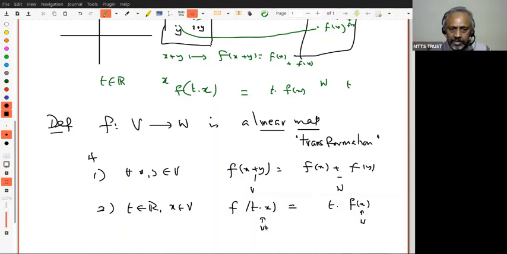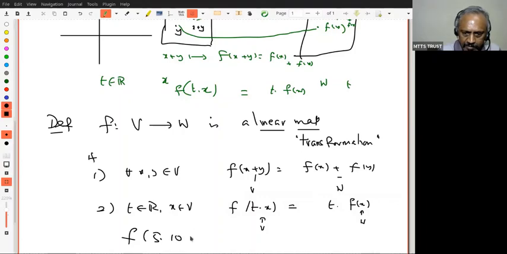Here, 5 times 10 will be 50. Therefore, f of 50. Are you following? f of 5 times 10 should be equal to 5 times f of 10. f of 10 is 800. Therefore, 5 times that will be 4,000. And f of 50 will be 50 into 800. So they are equal.